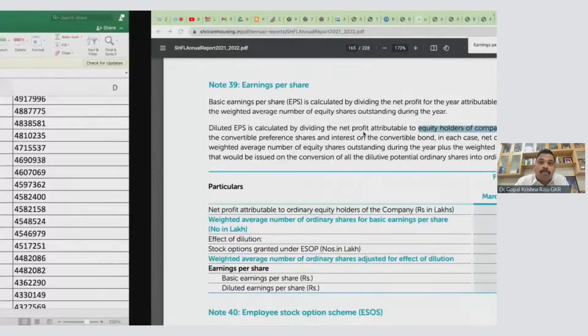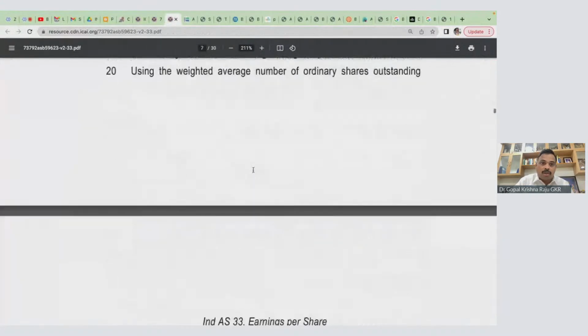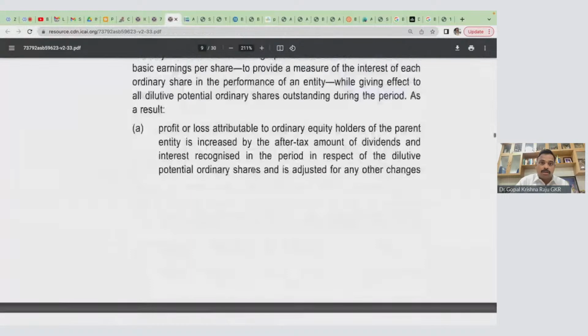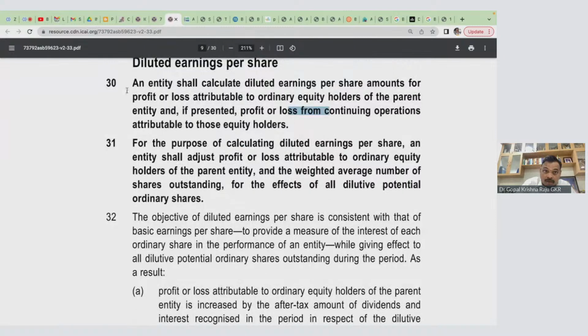Okay, I'm here. So I'll just take you to the diluted part. Look at this. This is your diluted EPS. So an entity shall calculate diluted EPS attributable to ordinary shares. So this continuing operations also I have to mention, and discontinued operations.